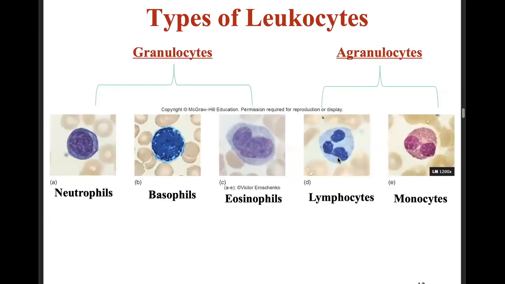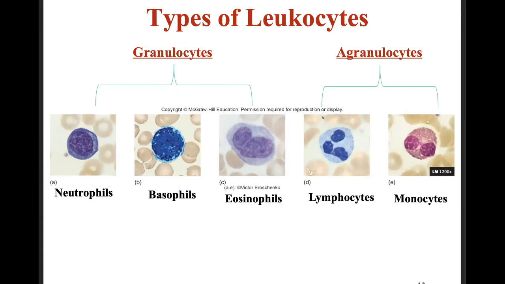Now here, if I'm not mistaken, you've learned this already in your senior high school or any other science subject, the types of leukocytes. What we have here are your granulocytes and your agranulocytes.